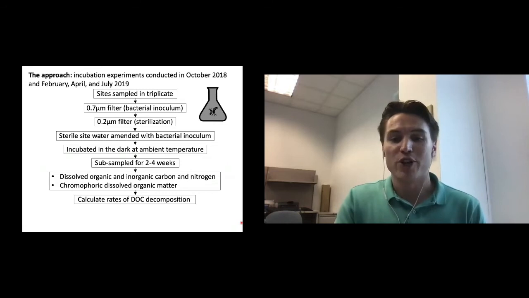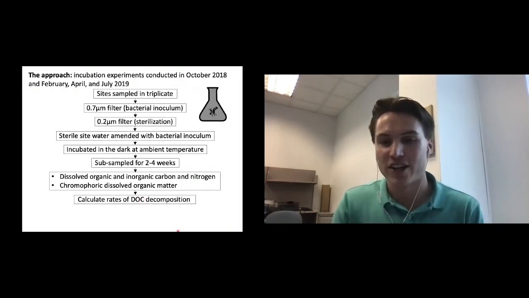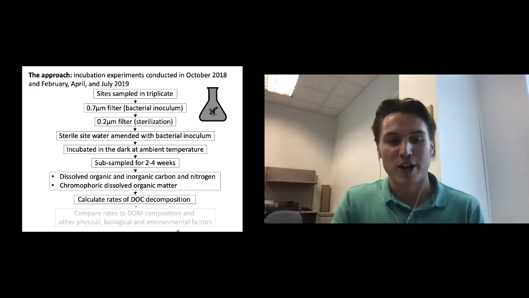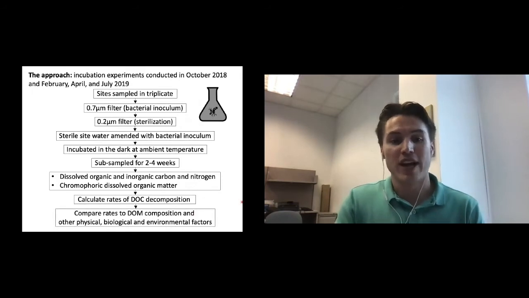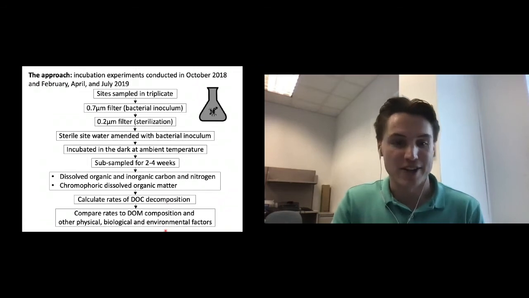So from these measurements over time, we calculated rates of organic matter decomposition. And I will note that we're using DOC as opposed to the entire organic matter pool because this is the largest fraction of the dissolved organic matter pool. And then we compared rates of those decompositions to the composition of the DOM itself, as well as those other physical, biological, and environmental factors.